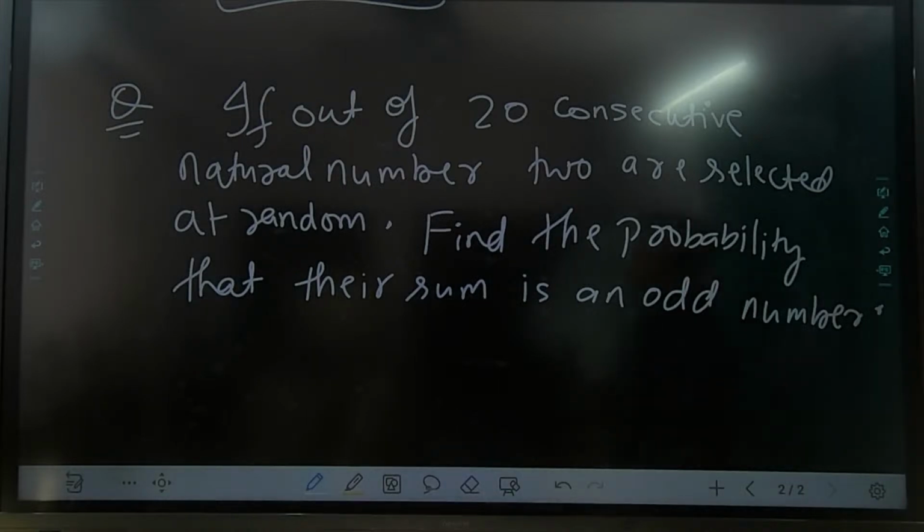If out of 20 consecutive natural numbers, from 1 to 20, two are selected at random, find the probability their sum is an odd number.